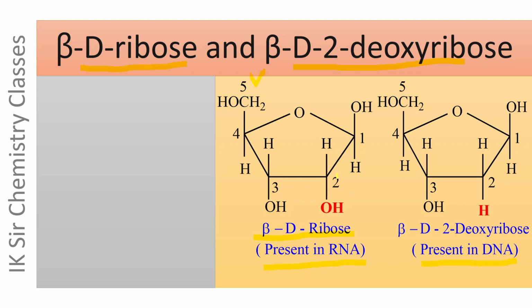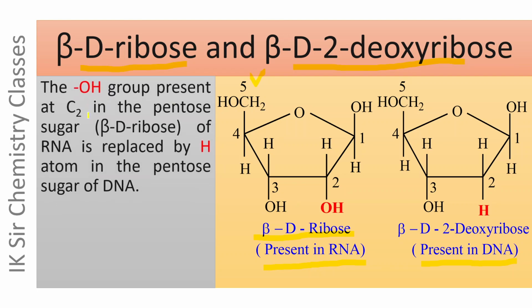Let us look upon these two structures of pentose sugar. The OH group present at C2 in the pentose sugar, beta D-ribose of RNA, is replaced by a hydrogen atom in the pentose sugar of DNA.